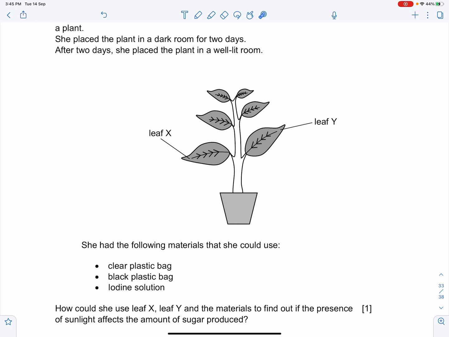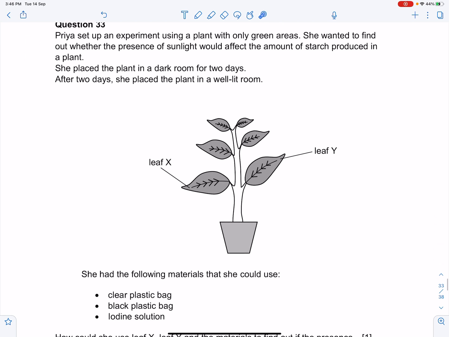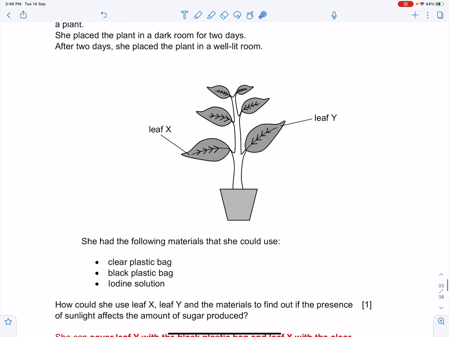So basically what they're asking you to do is generate a possibility. How do you use whatever is given to you to come up with a possible method of testing if the presence of sunlight affects the amount of sugar produced? You have to make use of what you have. You know iodine solution is able to do a starch test.